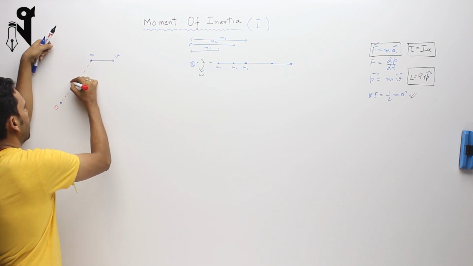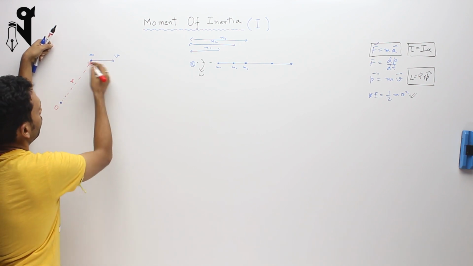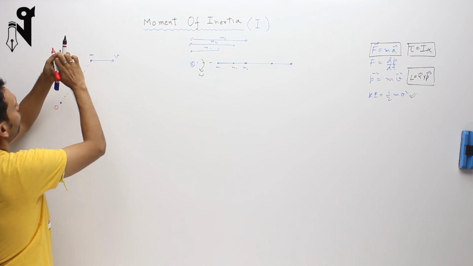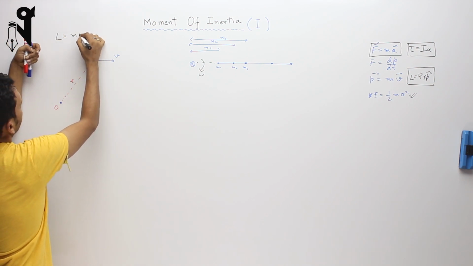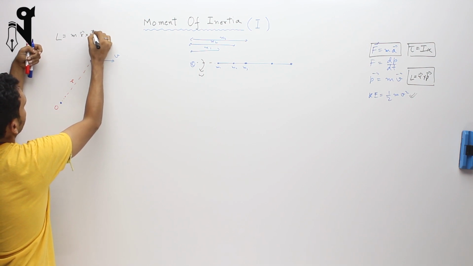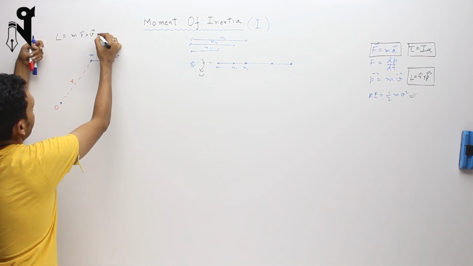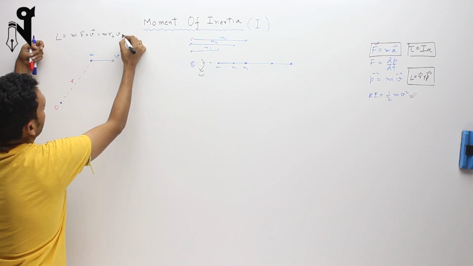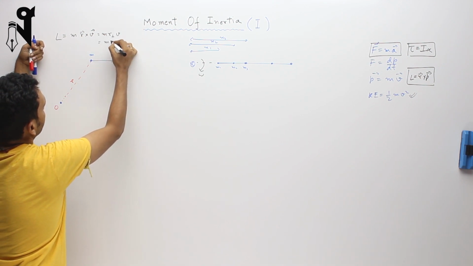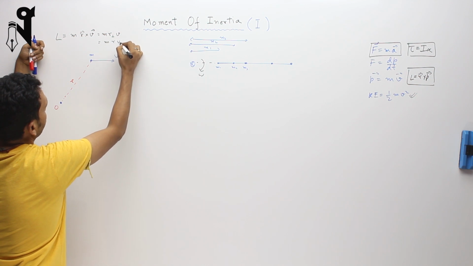Say this distance is r, velocity is v, and the angular momentum is given by the formula m r cross v. In fact it will be m r perpendicular times v, or m r v perpendicular.